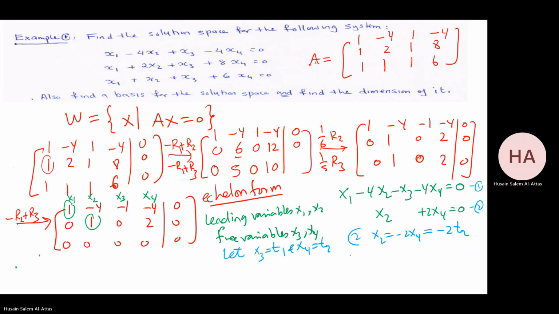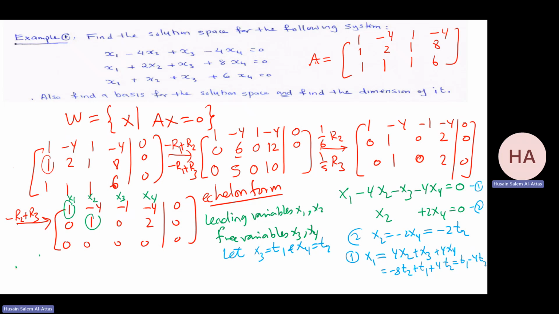From 1, x1 will be what? 4x2 plus x3 plus 4x4. And that is 4x2, which is minus 8t2, plus x3, which is t1, plus 4t2. That gives me what? t1 minus 4t2.